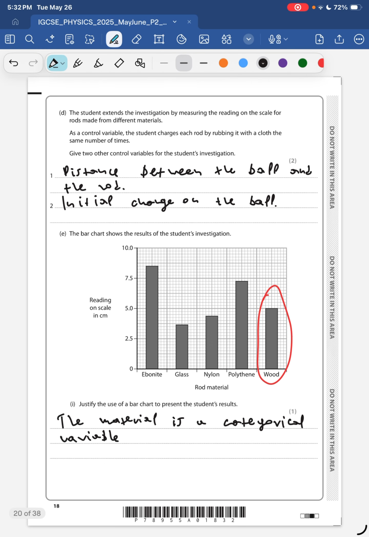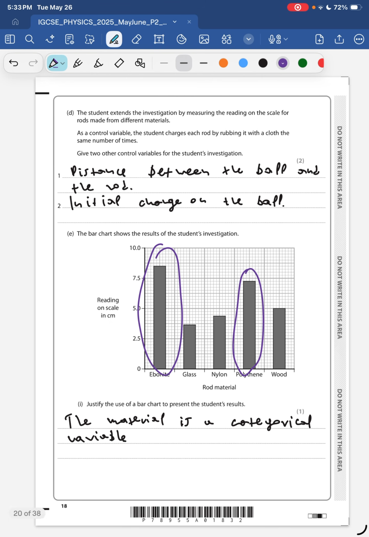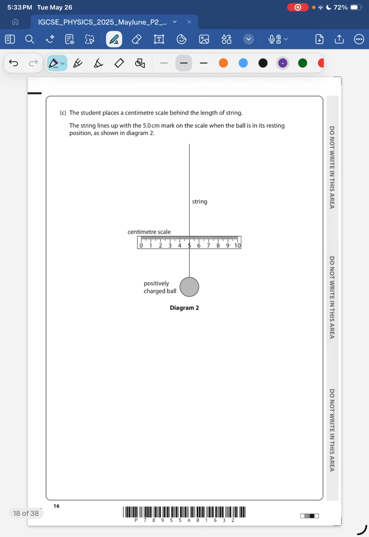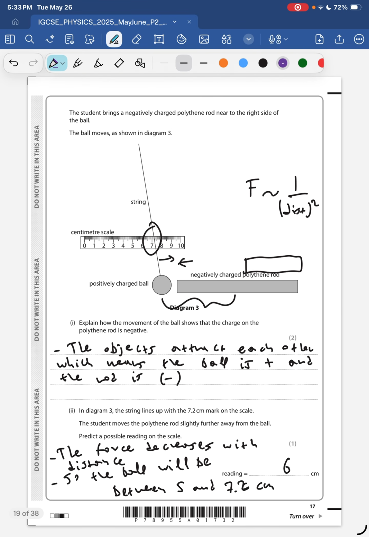Okay, now let us continue with, I'm gonna erase this now. Let's do polythene and ebonite. Okay, both of these have displaced to more than 5 centimeters, so something like this, okay? Which means that they are negatively charged, just like the rod, okay?